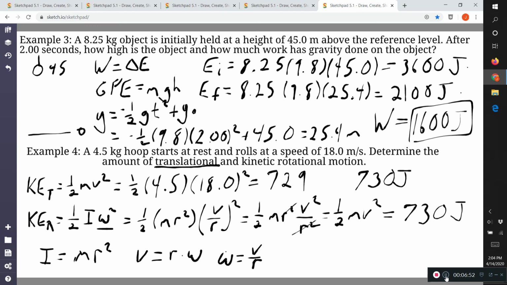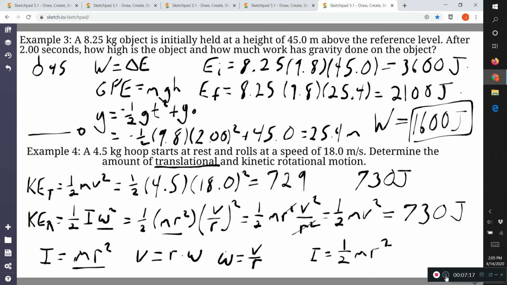Now, before you make a conclusion that they will always be the same, that is not the case. If we have one of our different formulas for the moment of inertia, we could end up with a fraction of that number. So for instance, the moment of inertia of a solid disk is 1/2 mr squared.